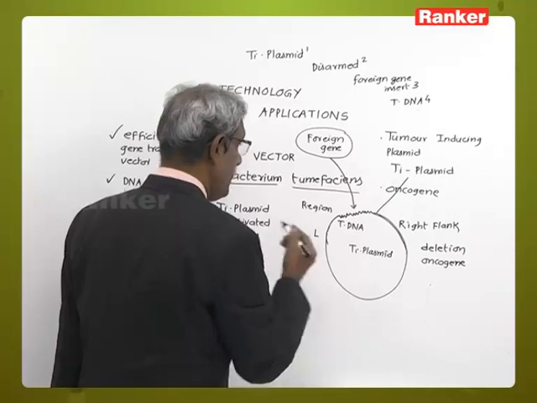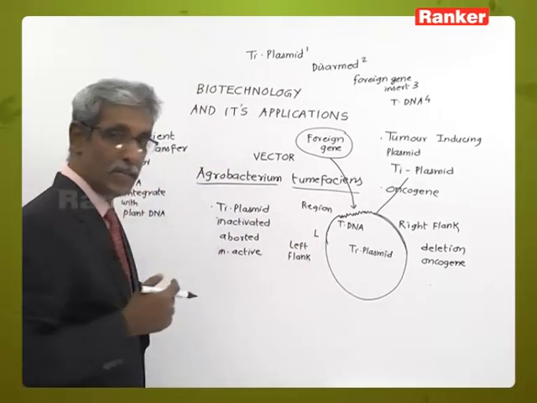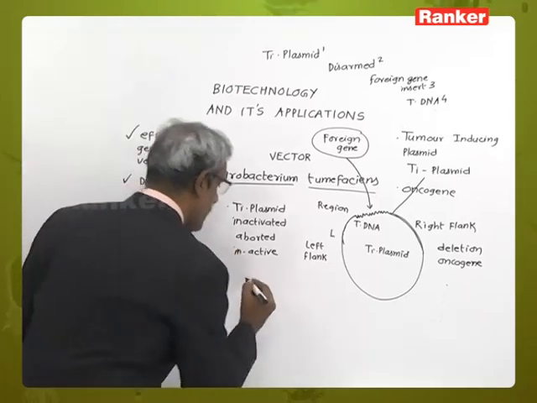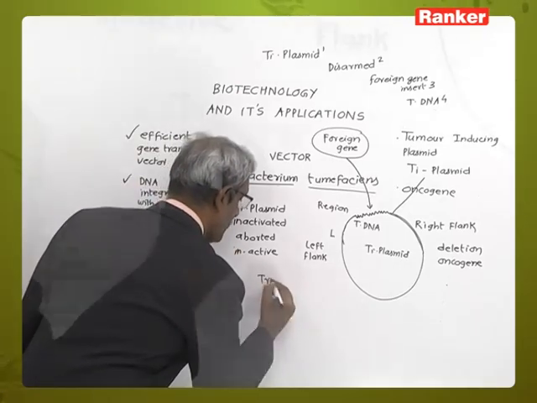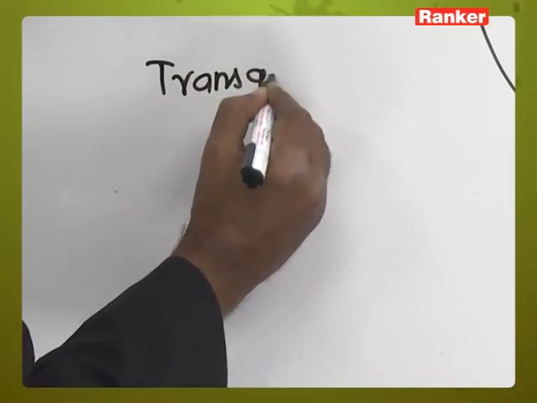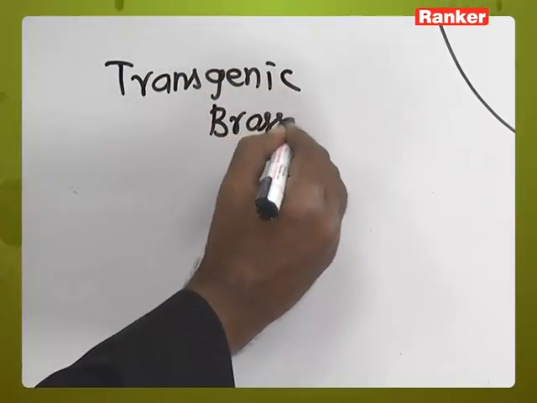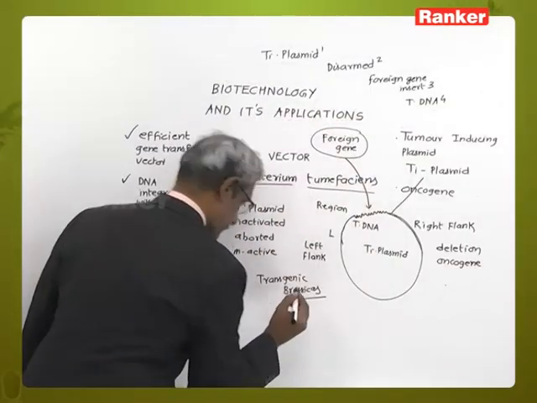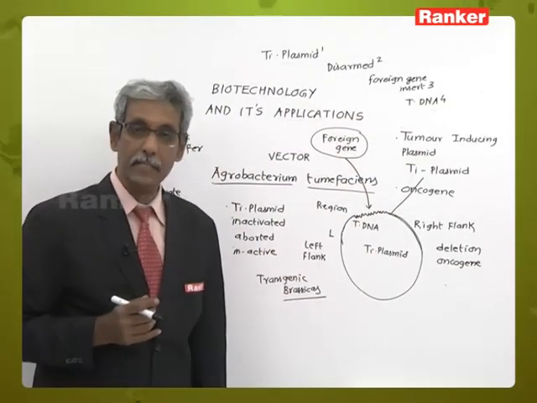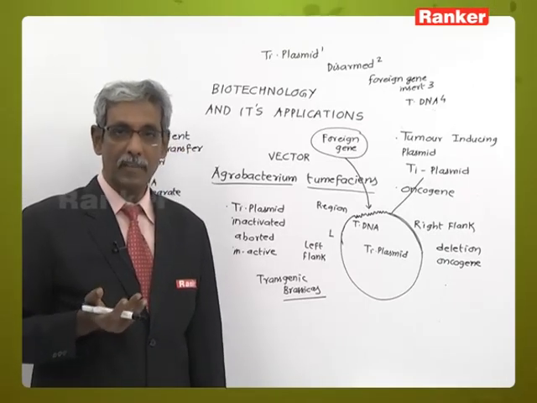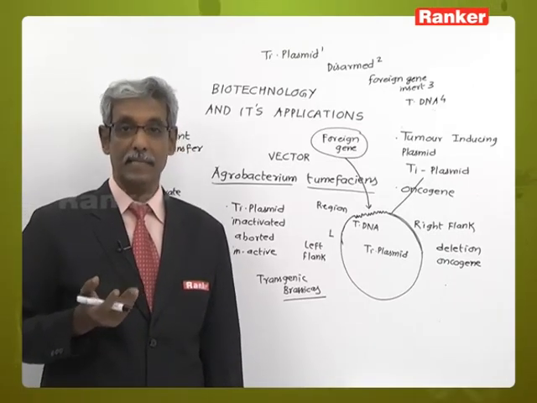So, Agrobacterium tumefaciens is very efficient in terms of genetically engineering crops, more so with relation to developing transgenic brassicas. If you take your cabbages, cauliflowers, carrots, all of these belong to Brassicaceae, even including mustard.